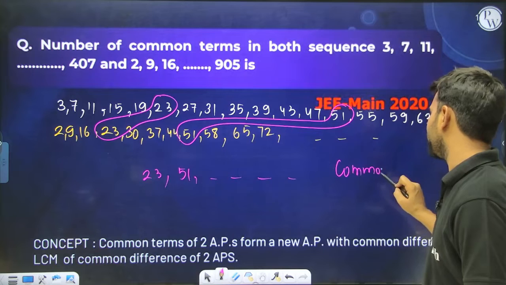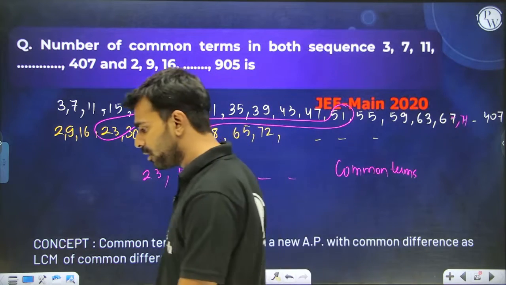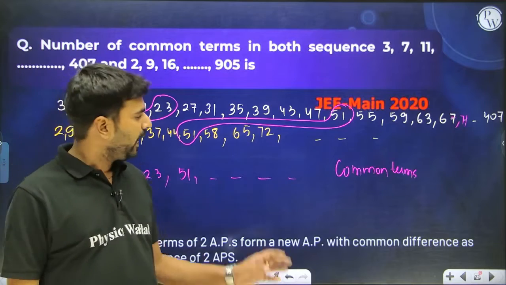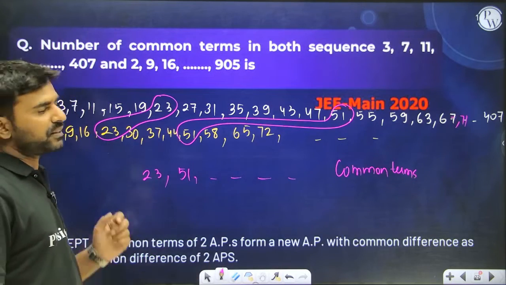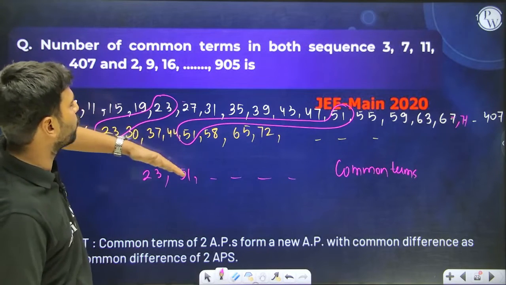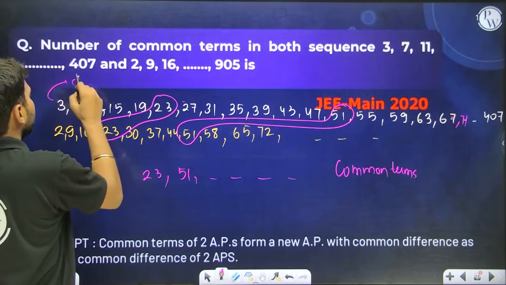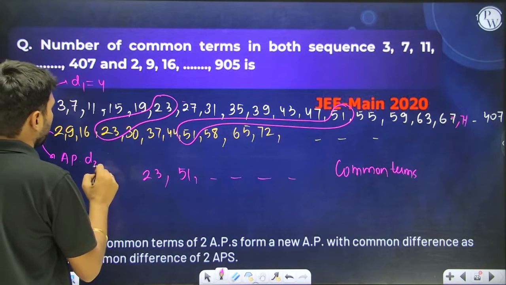Now the concept is, if you are taking common terms of two APs and forming an arithmetic sequence, that sequence is again going to be an AP with the common difference as the LCM of the common differences of these two APs. This AP has common difference 4 and this AP has common difference 7.